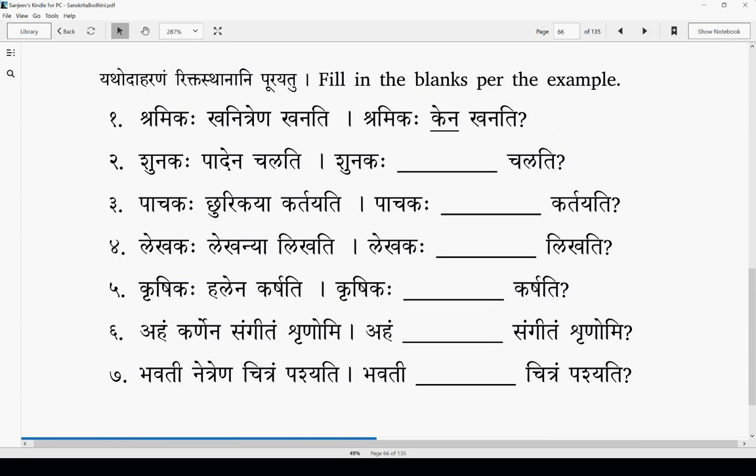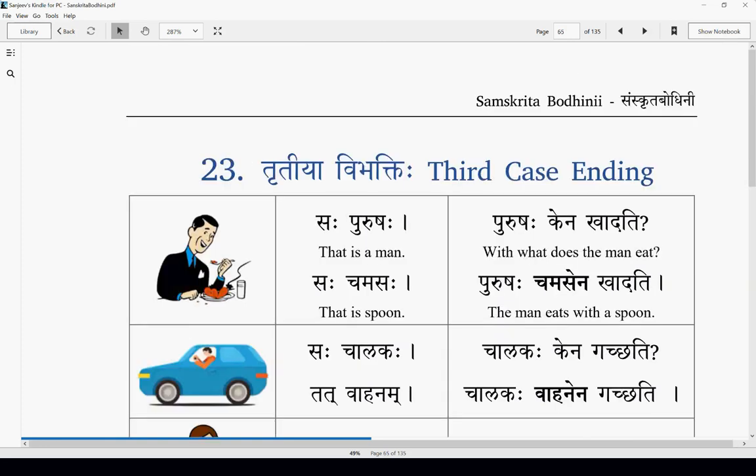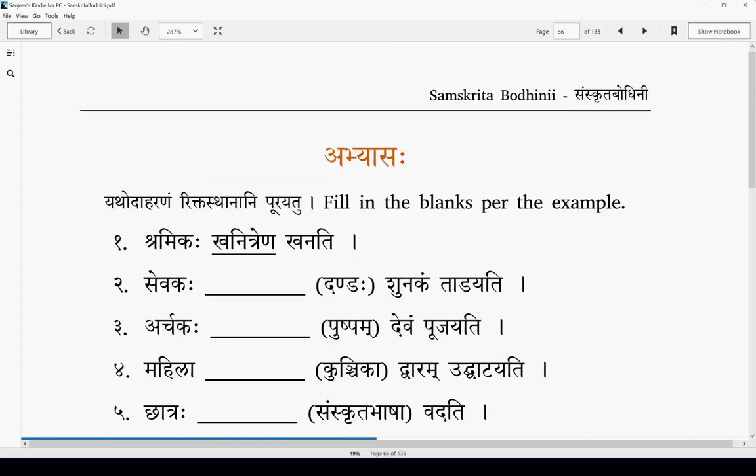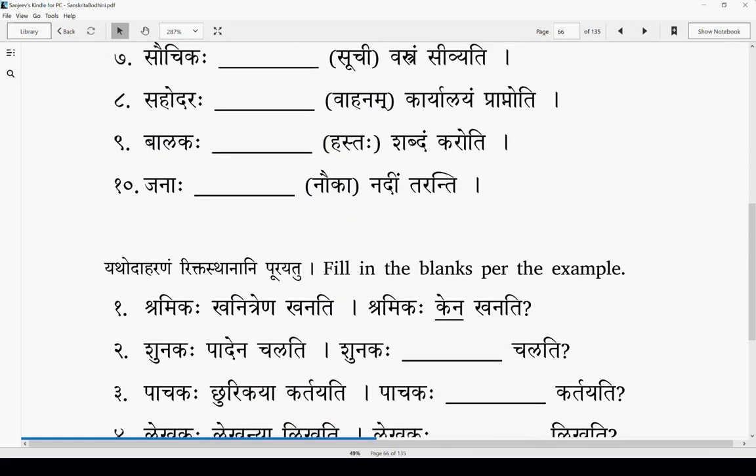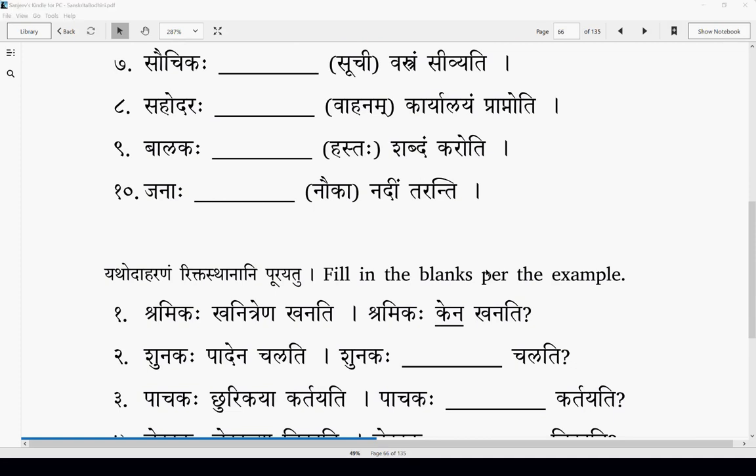Any word you don't understand before we move forward? Shabda means sound.